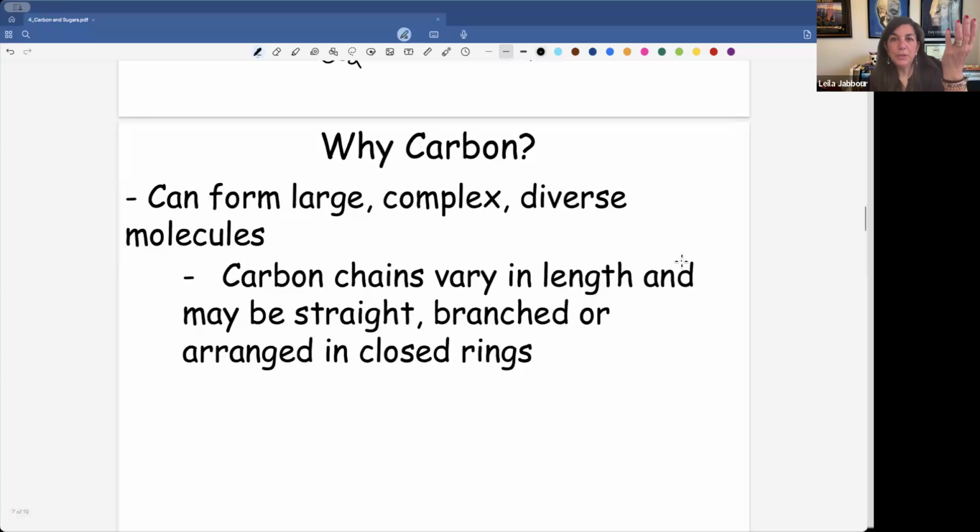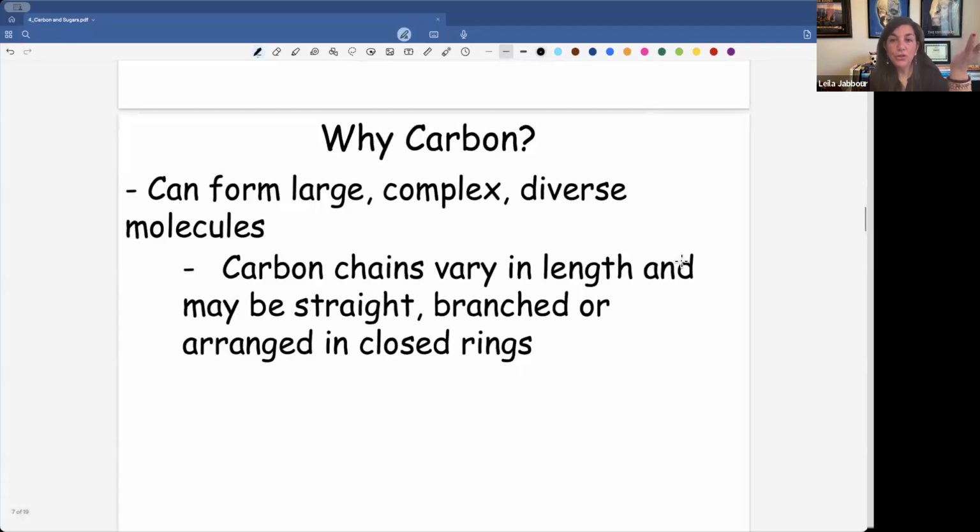So carbon is used because it can form these large, complex, diverse molecules. These chains, they vary in length. They may be straight, they may be branched, or even arranged in rings like this. Literally. And every corner here, when I talked about corners a couple slides ago, every corner here is a carbon.